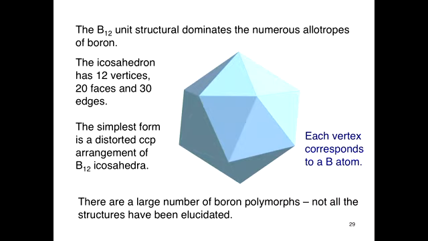But in that type of arrangement, it tries to solve the problem of having more valence orbitals than valence electrons. So what do you need to be aware of? You need to be aware that this B12 unit is quite common for boron. Okay? Make sure you remember that.